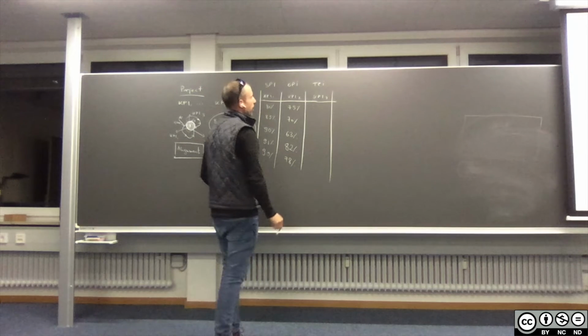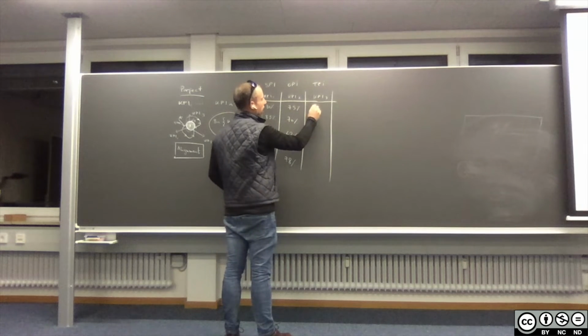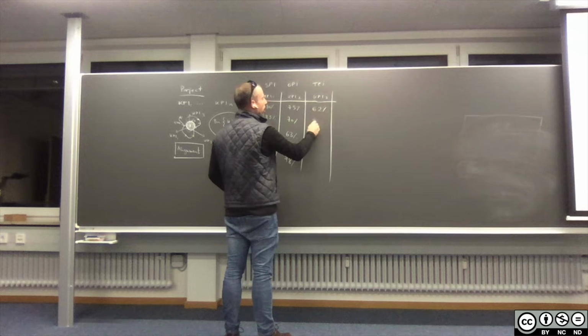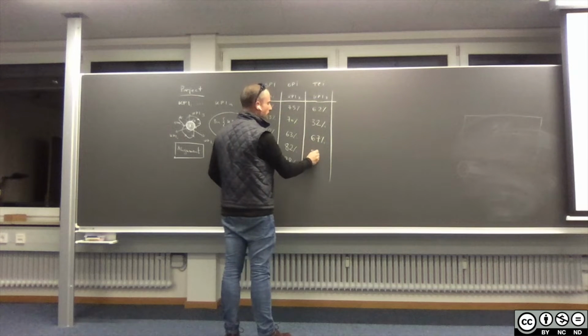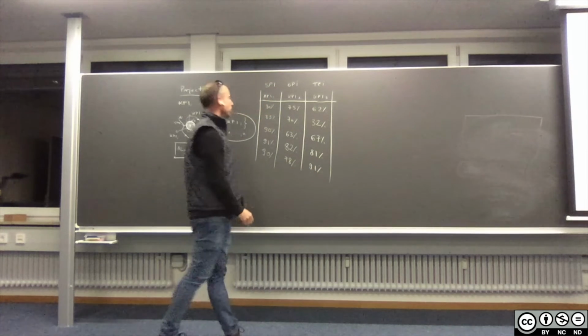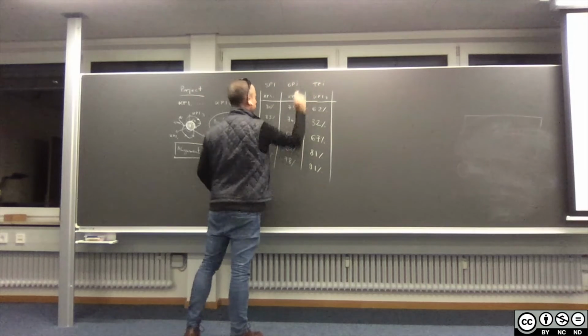KPI 3 has a timely performance index of 62%, 31 or 32%, 67%, 81%, and 91%. Okay, so you already know what this means.